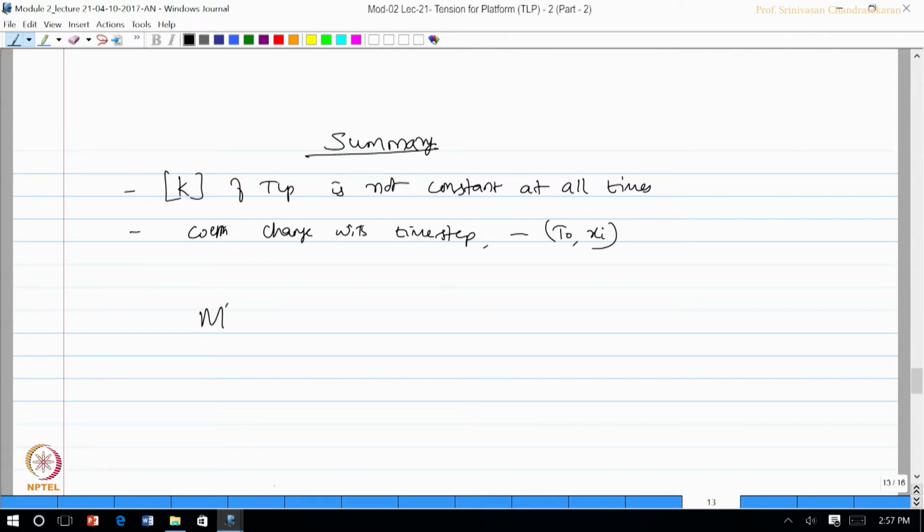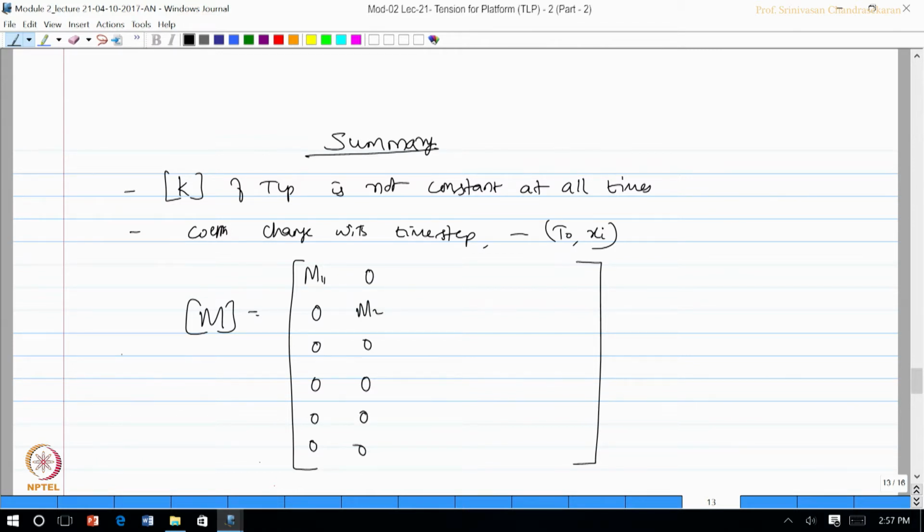If this is my mass matrix, which is again going to be a square matrix, I should say M1, 0 0 0, this is also going to be 0 and 0. Similarly, M2, all zeros.